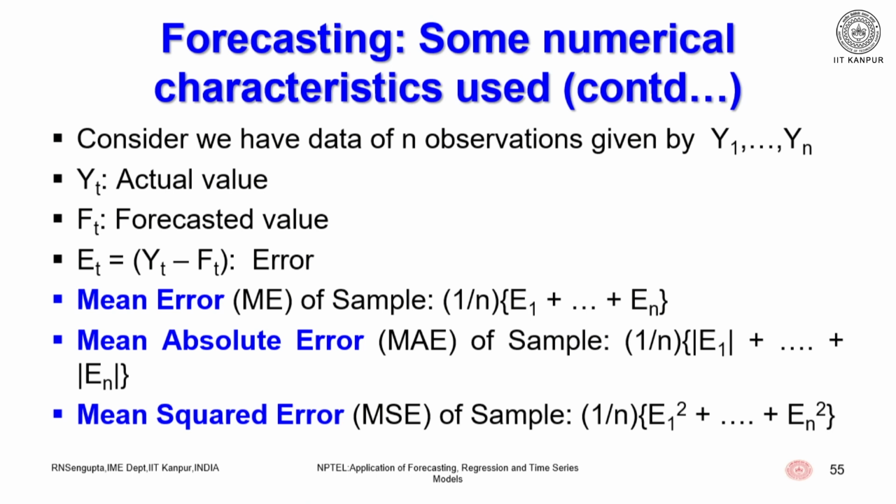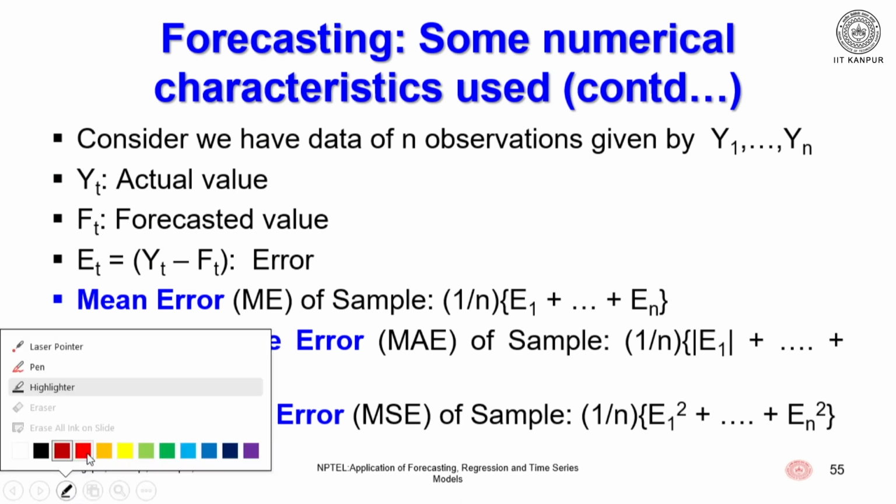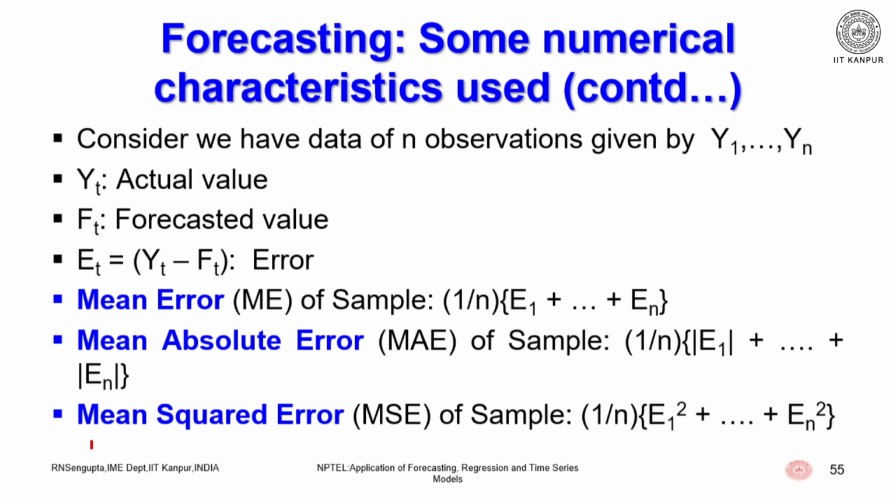Now, let us consider the different metrics which are utilized to analyze a model and find out its efficiency. Before we do that, we will clarify 3 important points. Number 1: we will denote by Y_t the actual value.